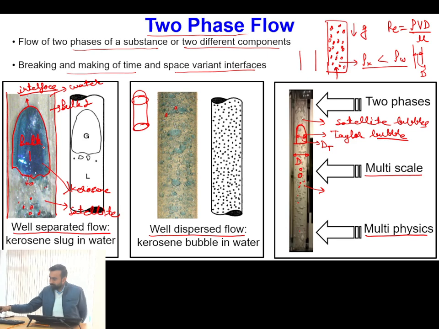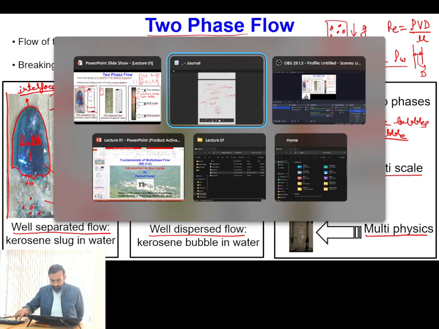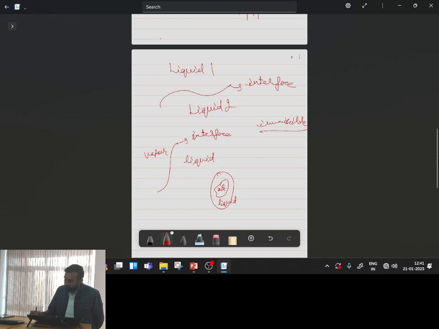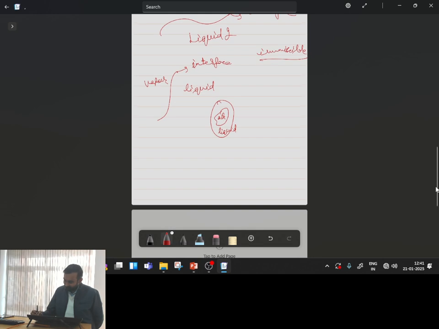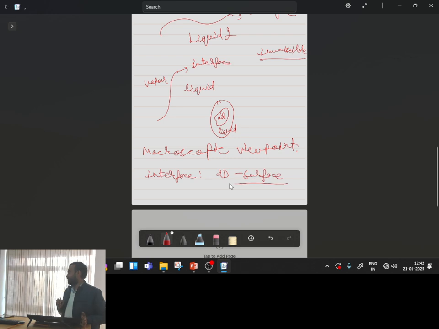So if I look from a macroscopic viewpoint, what I will be finding is that the interface is nothing but a 2D surface.